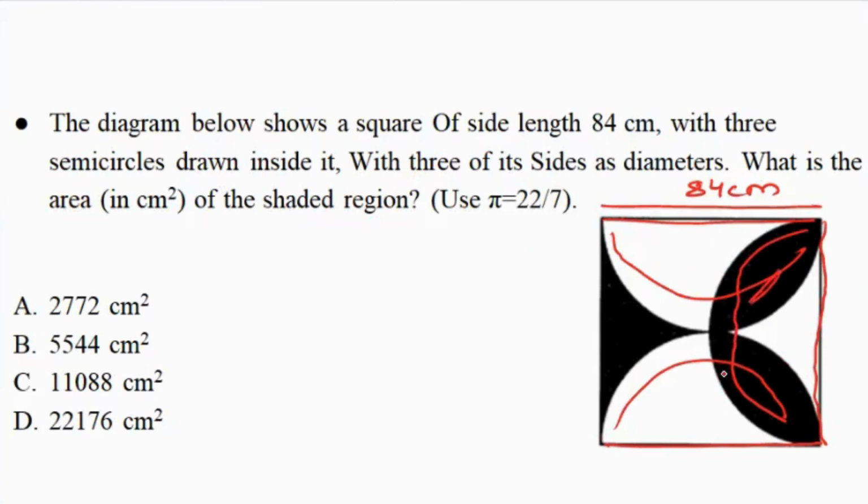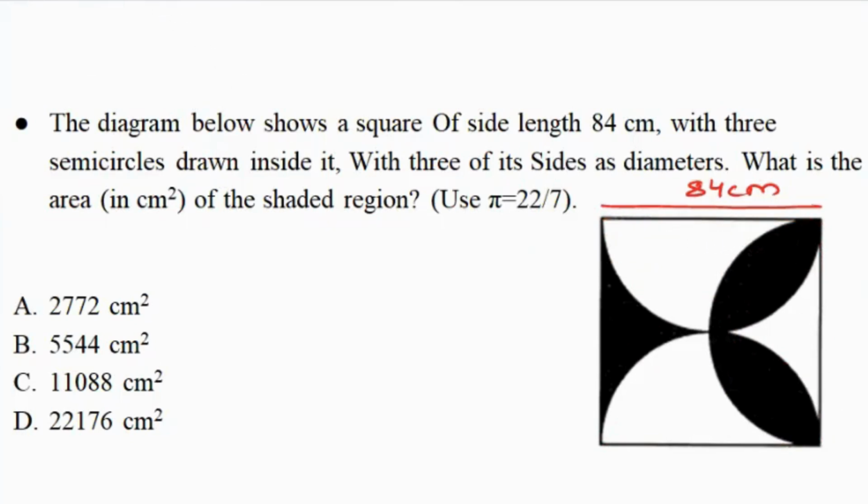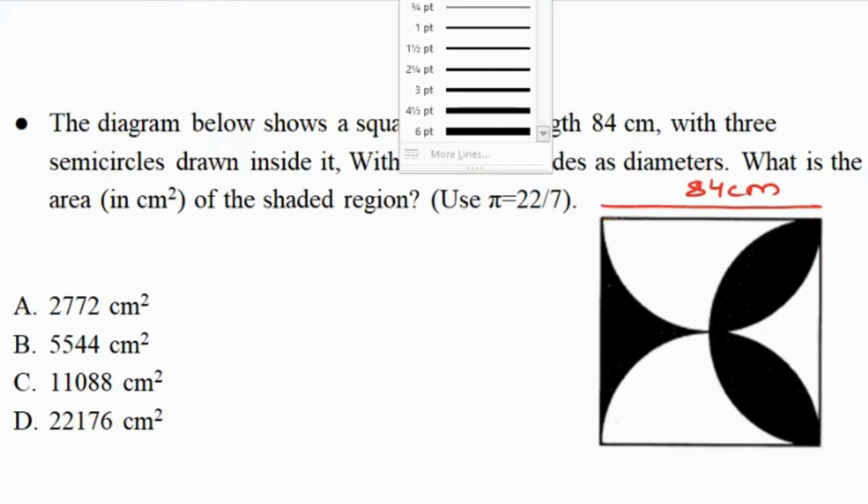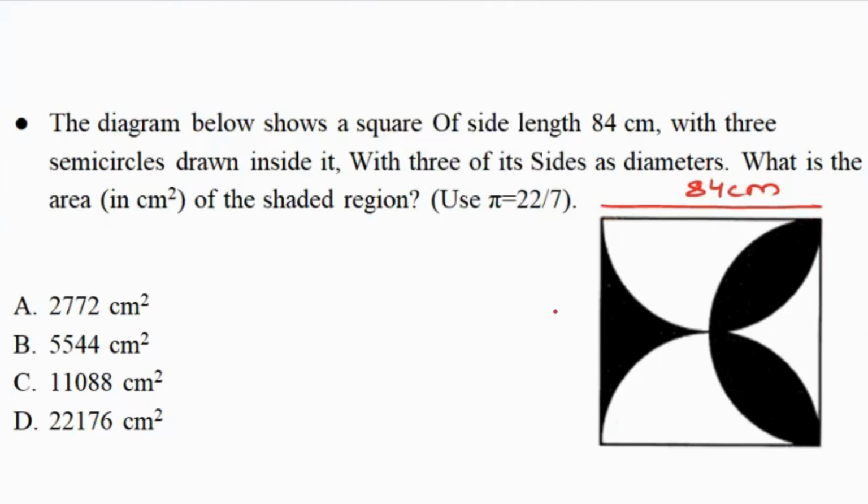First we try to understand this whole figure. As we can clearly see, three semicircles are there, correct? We are supposed to find the area of the shaded region only. How can we find that? You can see the shaded region is this part, and this part. What if I put this part over here?